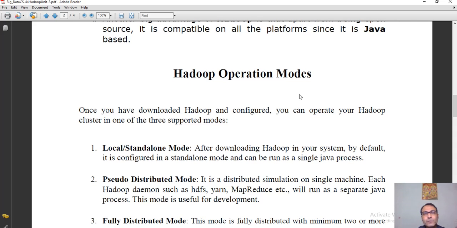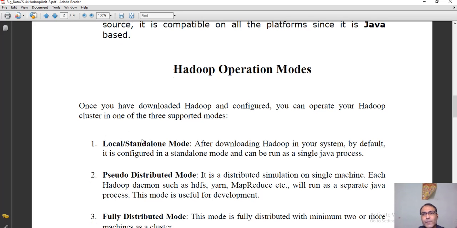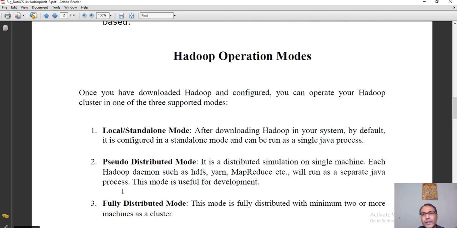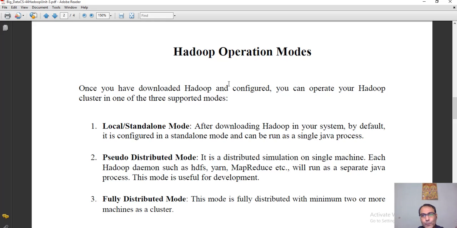Hadoop operation modes. Hadoop can be implemented in three modes. The first one, local standalone mode, the second one, pseudo distributed mode, and the third one, fully distributed mode. These three modes are the implementations of Hadoop.